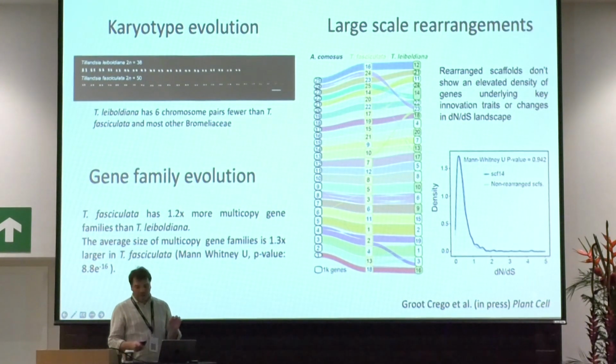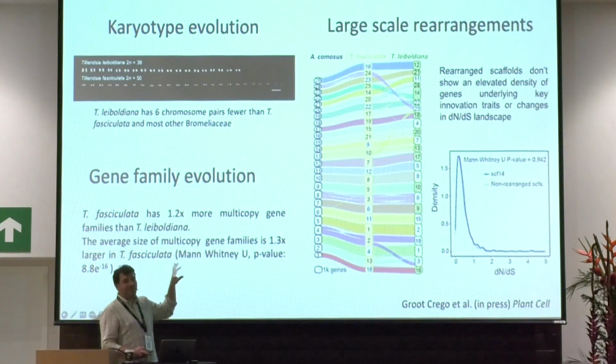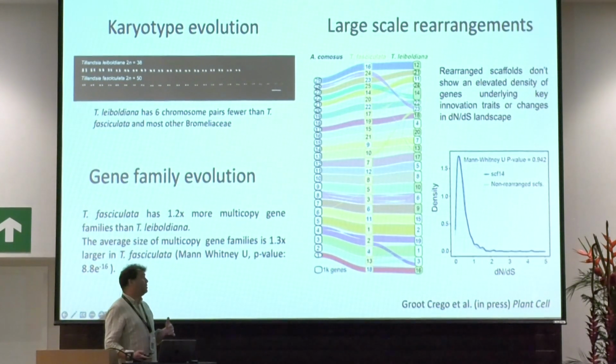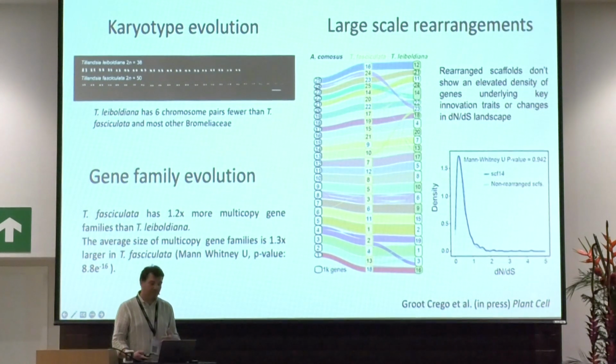With our reference genomes, we also recovered some genome rearrangements associated with this contraction of the number of chromosomes. We wanted to test, and failed to find any evidence, that these rearrangements are linked to increased adaptive sequence evolution, so dN/dS, or to any key innovation traits like CAM.